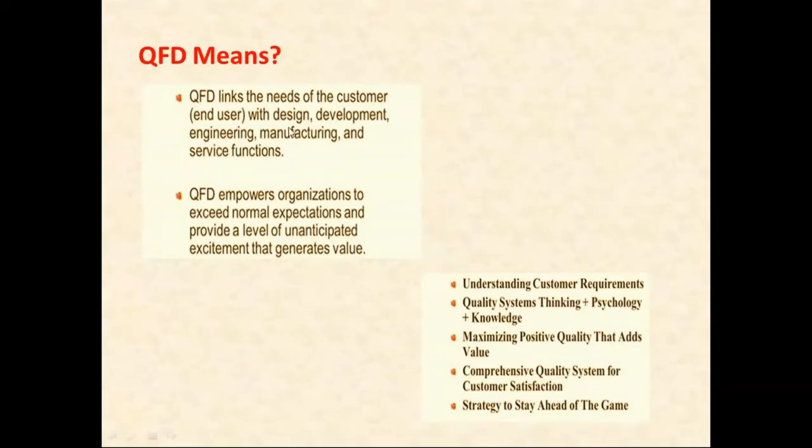What a QFD links is the needs or the requirements of the customer, which we call the end user, who is using a product. Those are known as the end users, and those are our customers. We will identify their requirements, and we will link those needs to the design, development, engineering, manufacturing, and service functions.